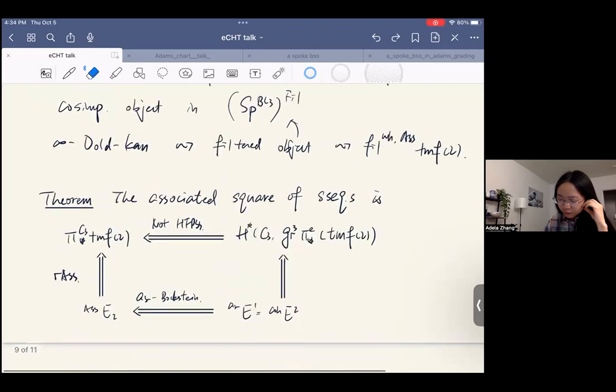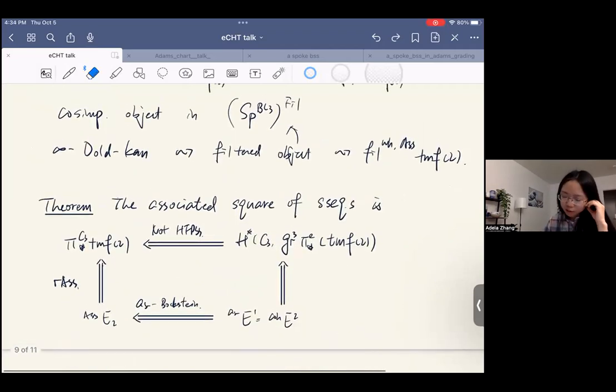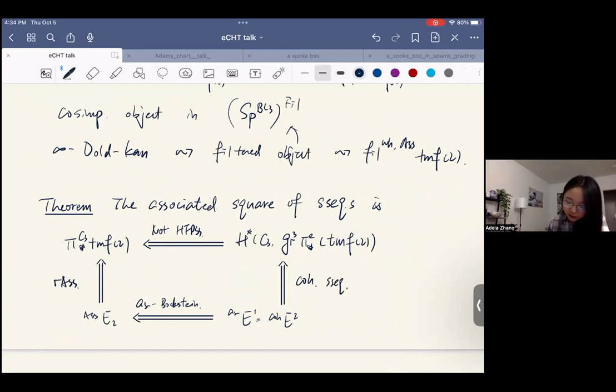So the plan is basically we need to figure out how the differentials work. This is actually called the coherent spectral sequence in a sense. We can completely determine these two corners, these two legs, very algebraically.